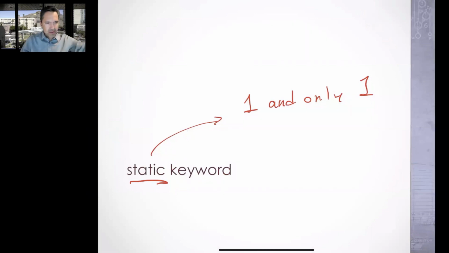You need to remember that main always has static. What happens with other methods and other variables? And what happens if I have in one single class things that are static and things that are not static? What happens if I make a combination of static and non-static, unique or not unique? What is going to happen? Well, it's going to be interesting.